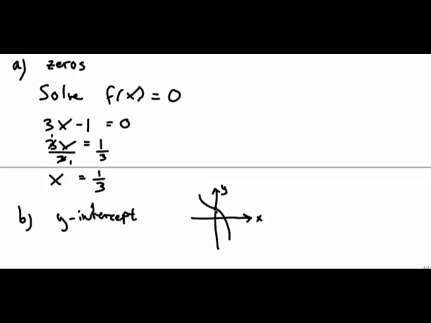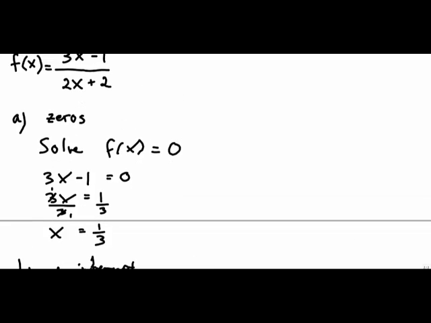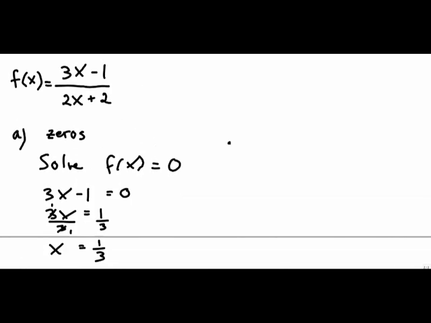Well, we just go down until we meet the x-axis. x is equal to 0. So if we insert x equal to 0 in our function, we will get the y value. So f of 0: 3 times 0 minus 1 is going to be minus 1. 2 times 0 is 0, and then plus 2. So minus 1 over plus 2, so minus a half.